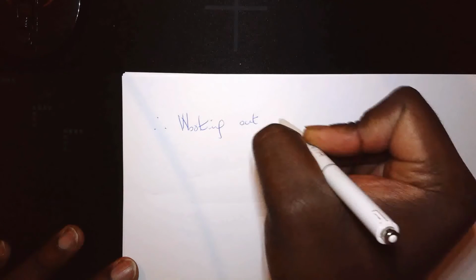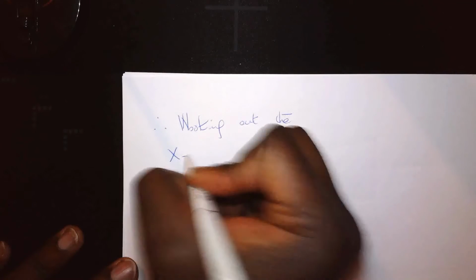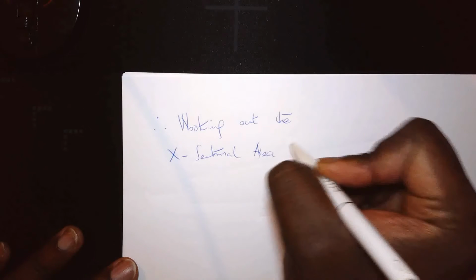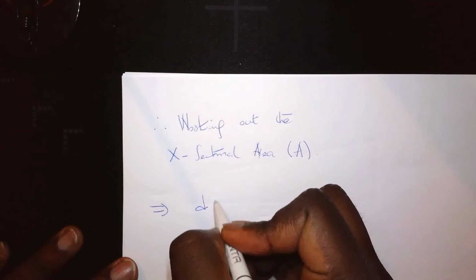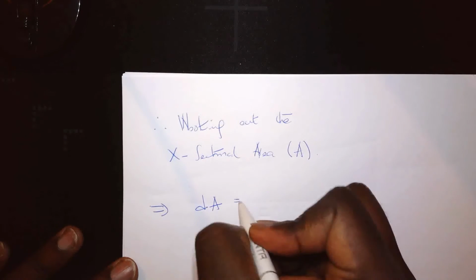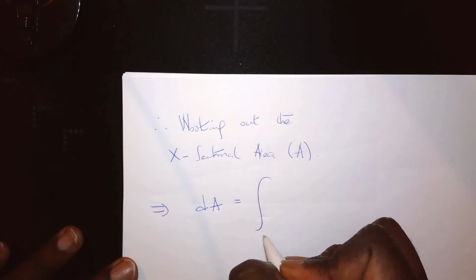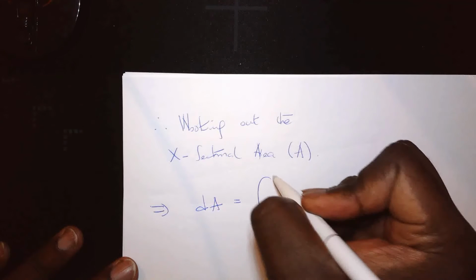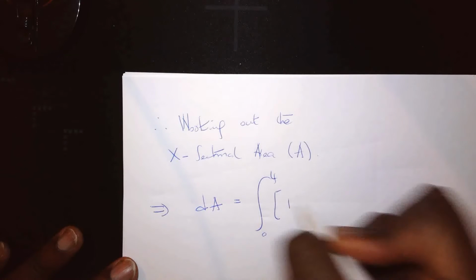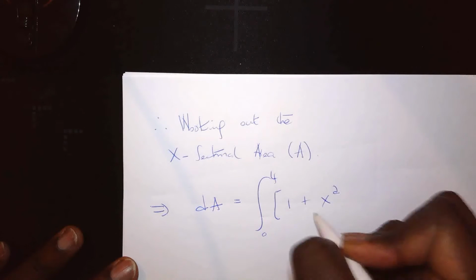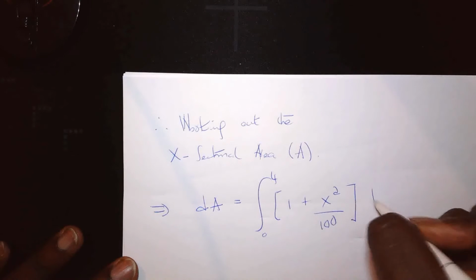So, working out the cross-sectional area A, dA will be equal to the integral from 0 to the final length of (1 + x squared over 100) dx.